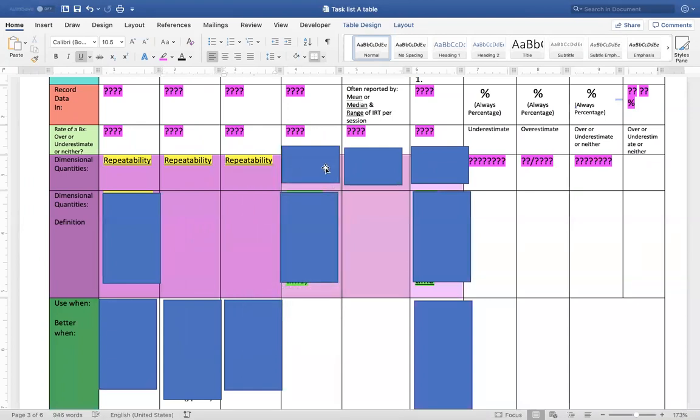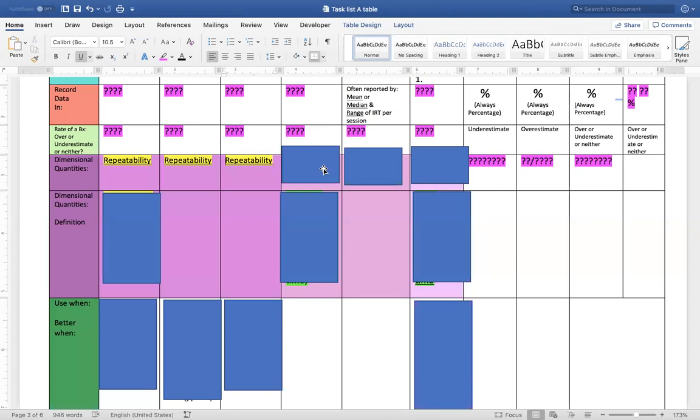How about response latency? Temporal locus. Latency and IRT are locus, right? That's what I think. I think duration is extent, and latency and IRT are locus. Are both of those locus?